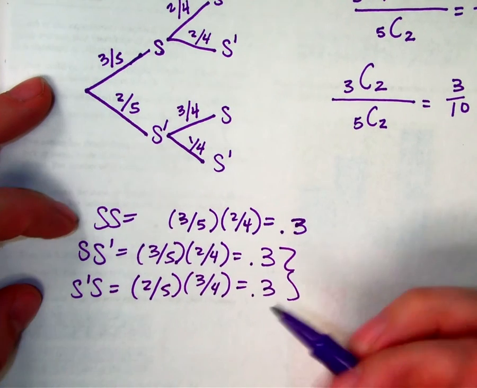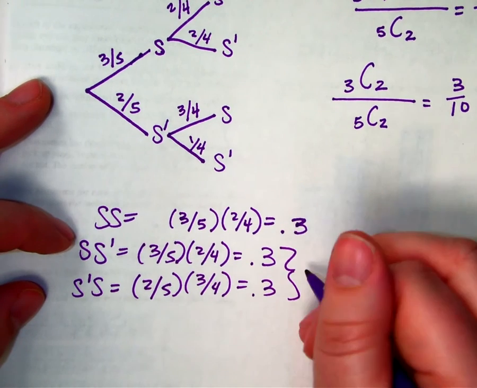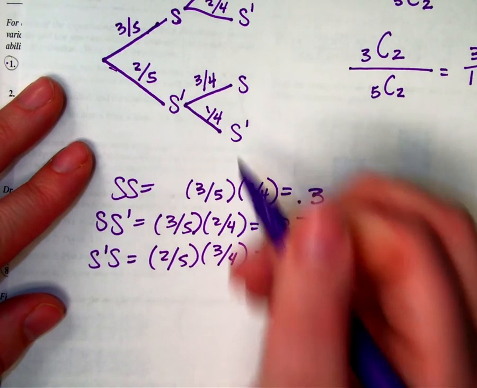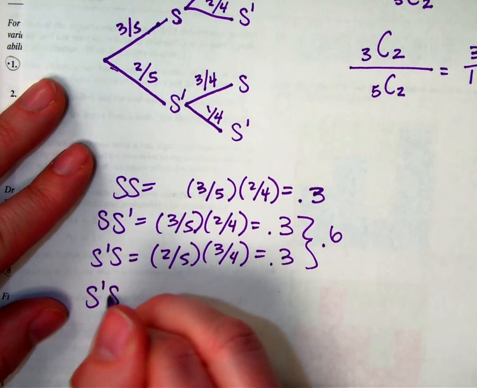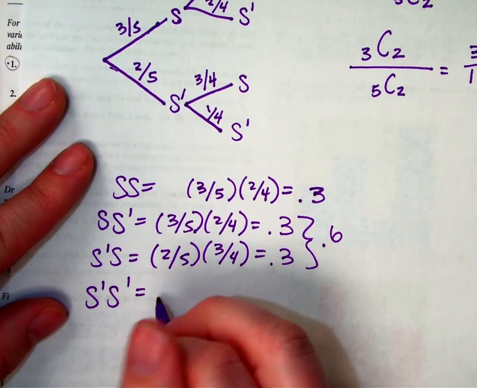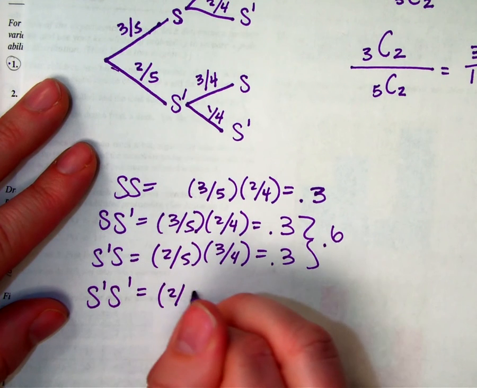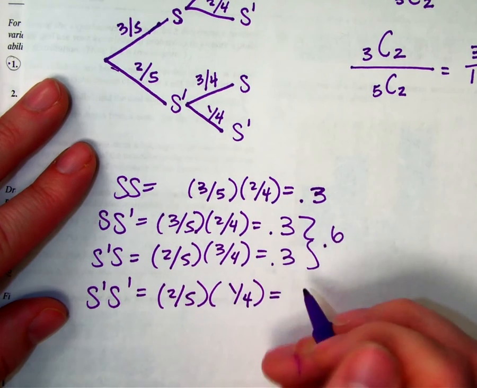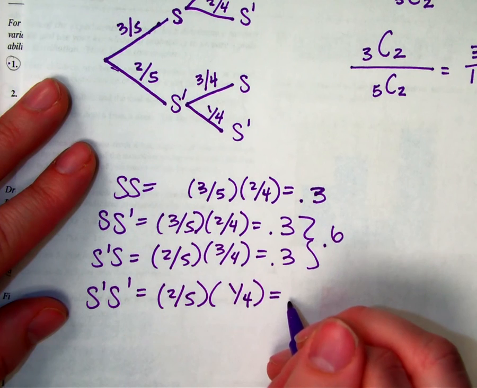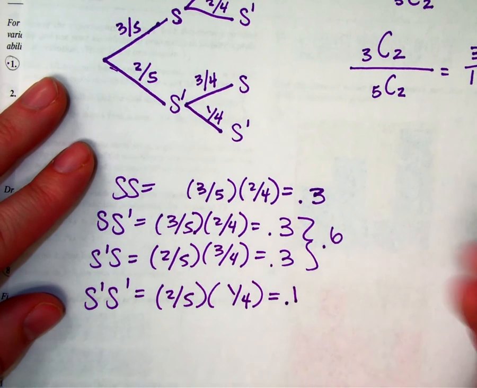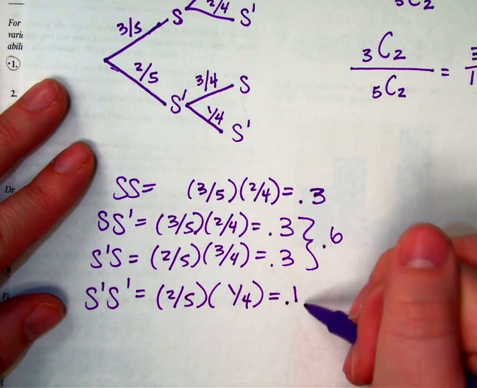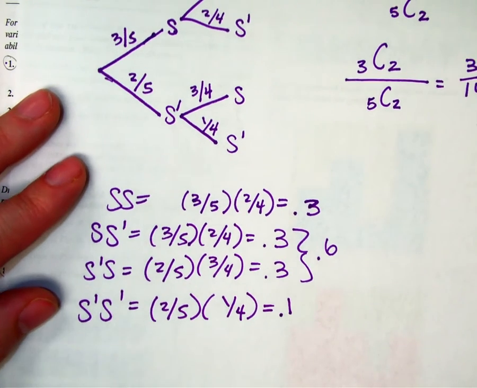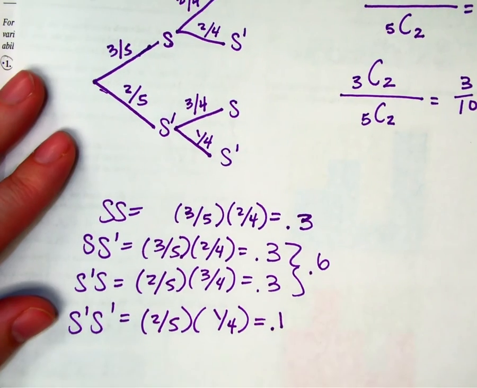So these are the same set, 1 swimmer, 1 non-swimmer. And then finally, you could have done non-swimmer, non-swimmer, which is 2/5 times 1/4. So there are your probabilities, the 0.3, the 0.6, and the 0.1 for the number of swimmers coming from your group of 5 people.